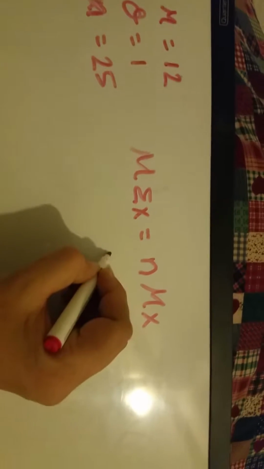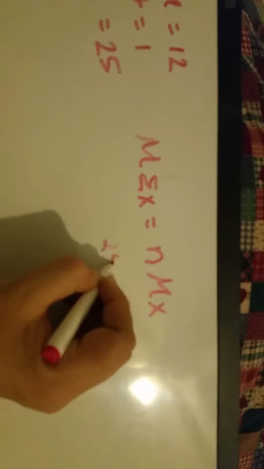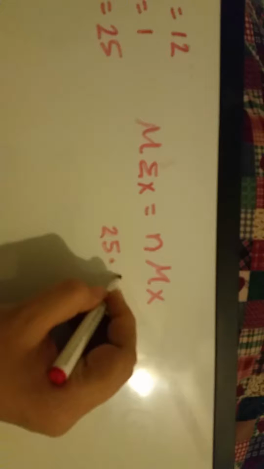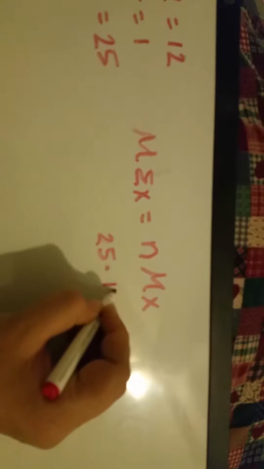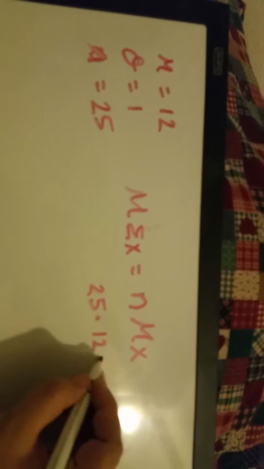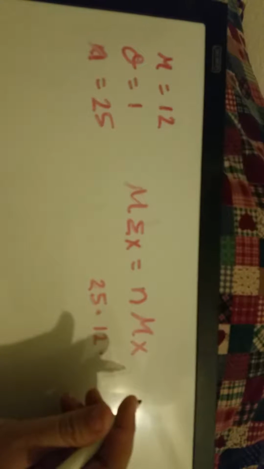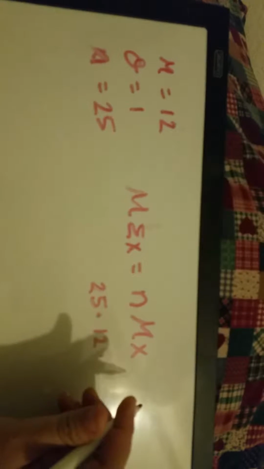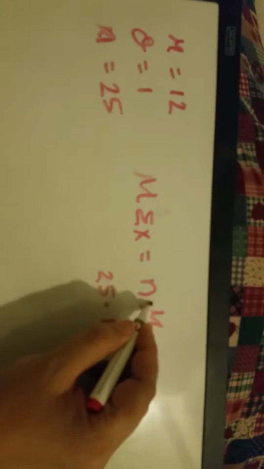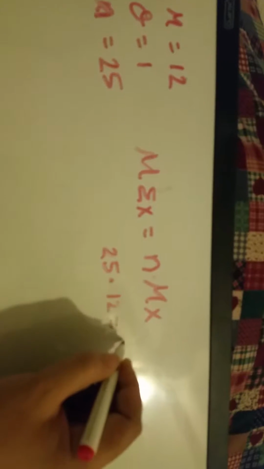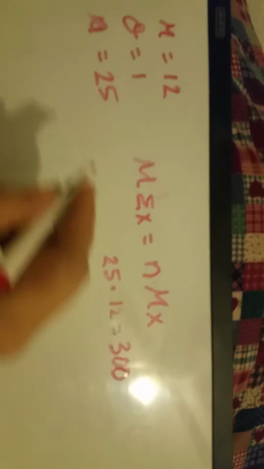The count is 25. Times it by the mean, which is 12. Times it by the mean of X, right? So those two are just it. Just times those two together, and we've got 300.